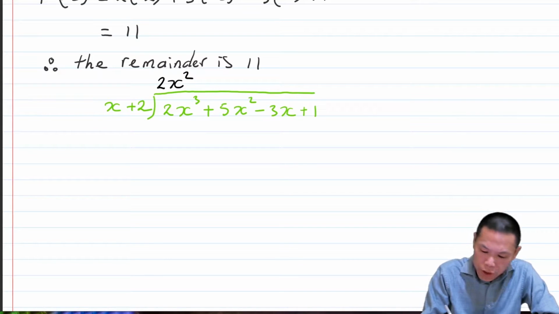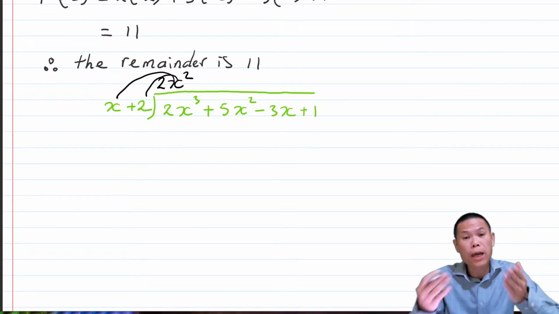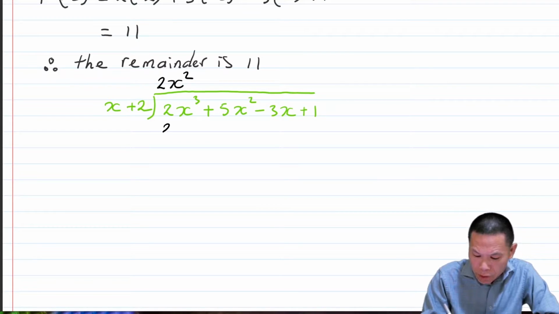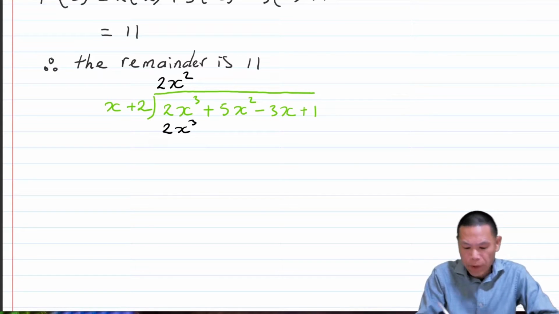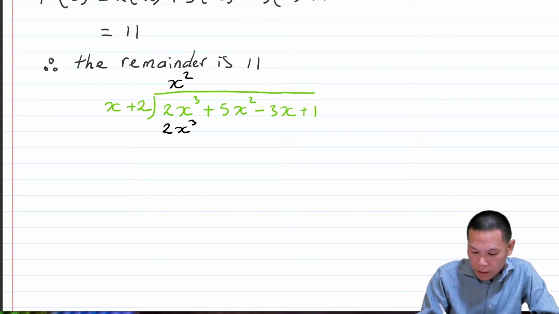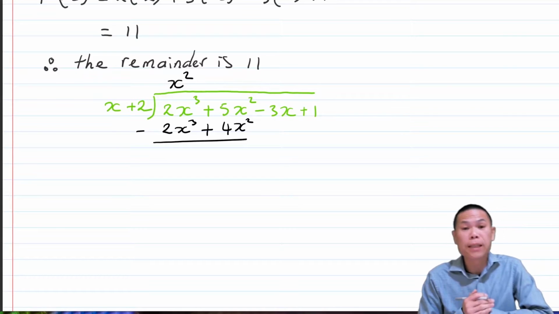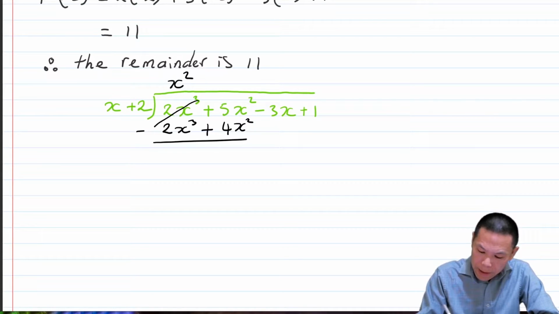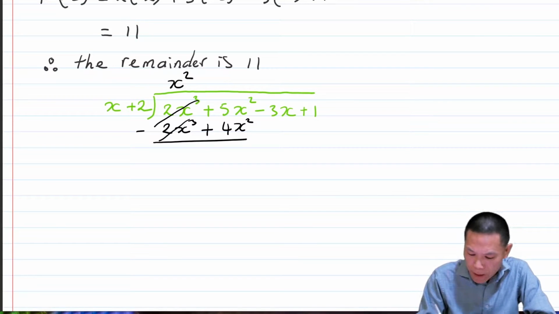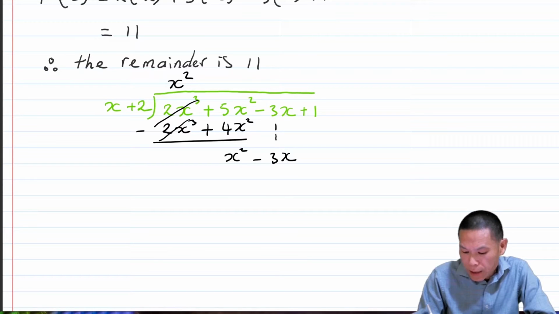Now we multiply them together: 2x squared times x is 2x to the power 3, and 2x squared times 2 is 4x squared. Now we subtract. That cancels out, and 5x squared minus 4x squared is x squared. Then we bring down minus 3x, and bring down plus 1.